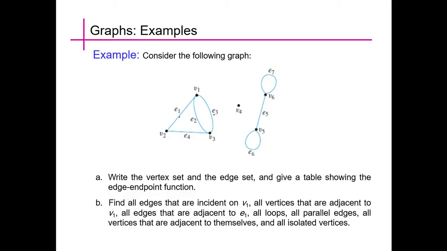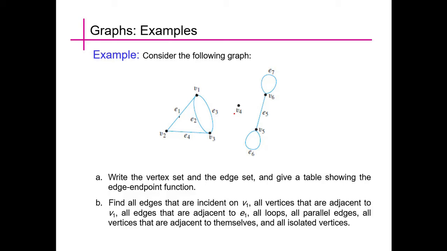For E2 and E3 we have the same vertices V1 and V3 as endpoints. So these two edges are known as parallel edges. And we can also say that E1 is incident with V1, just like E1 is incident with V2, and hence V2 and V1 are two adjacent vertices.